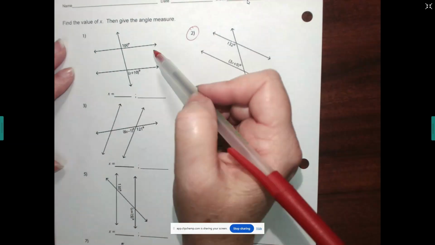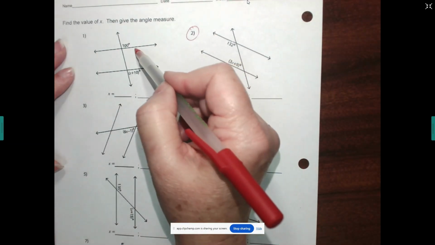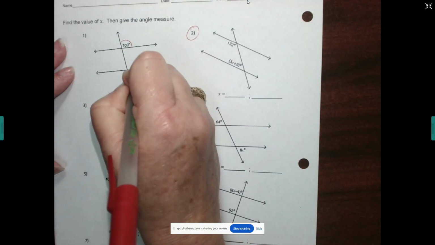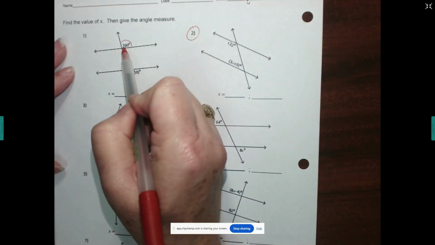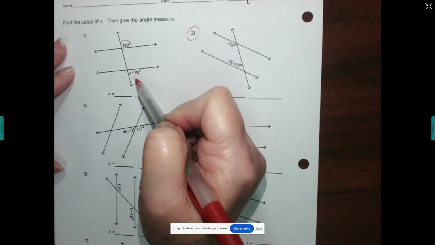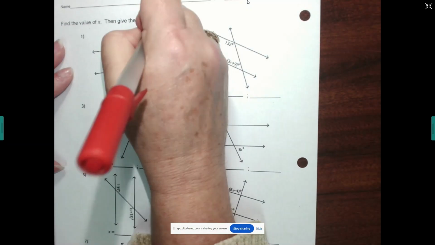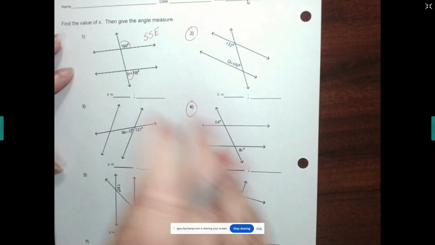All right, so what I know about these two angles, this angle and this angle, is that this is obtuse and this is acute. I know that they're not the same, but I also know that they are same side exteriors, which means they have to add up to 180 degrees.